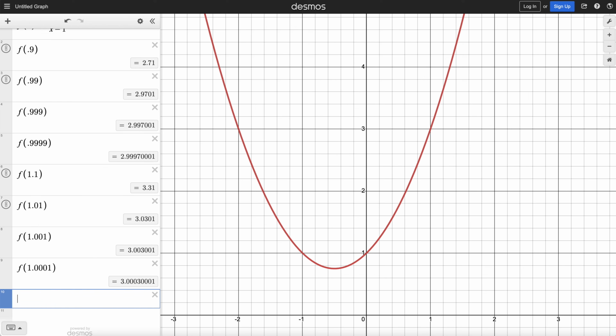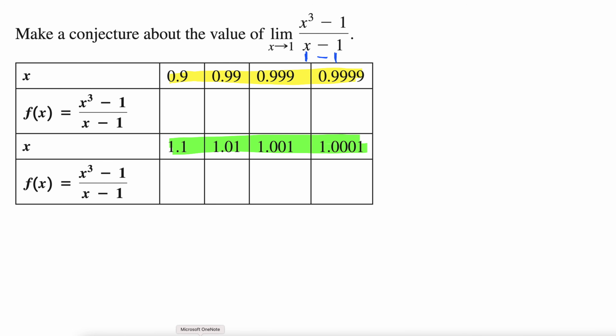And that's the last thing the table asks us to calculate. And so 3.0003. So we can see very clearly that this thing is approaching 3. So back to our original exercise, we can conjecture that this limit is indeed 3, right? Using the table of values.